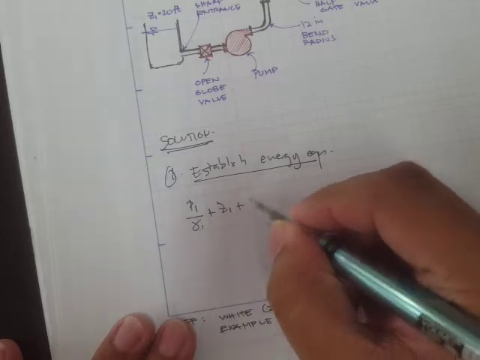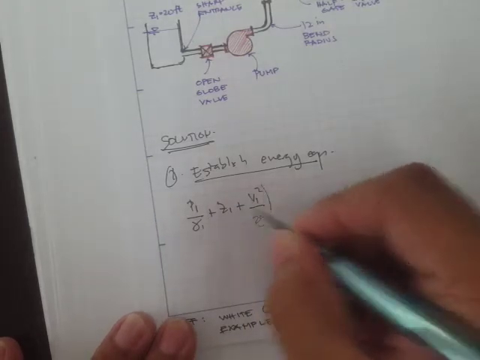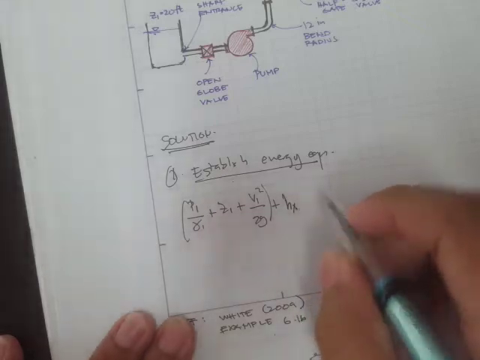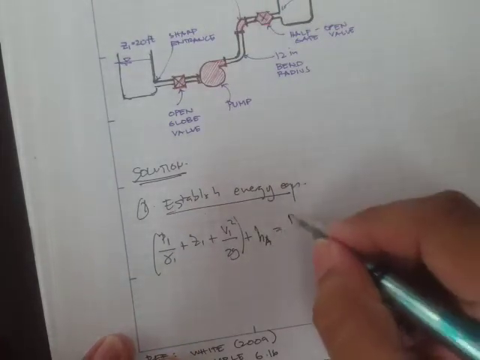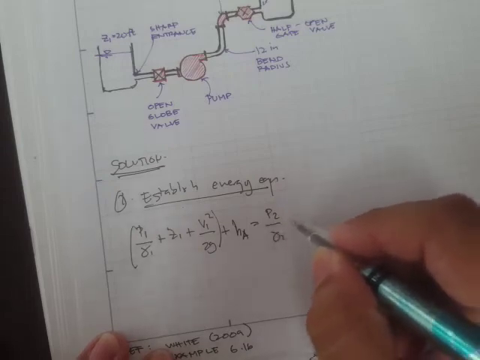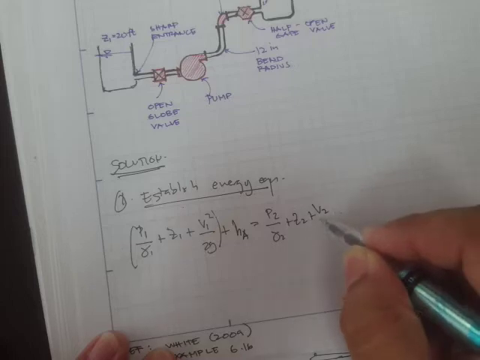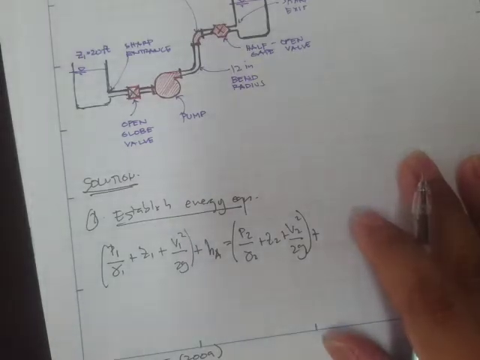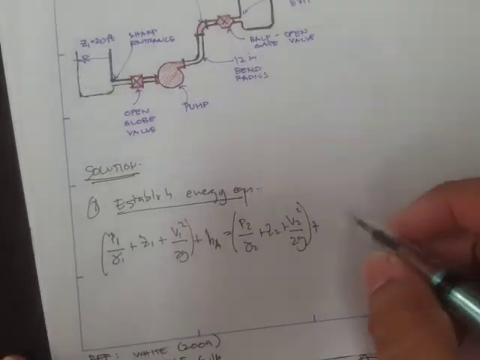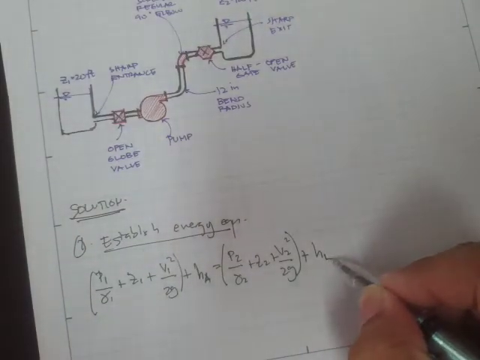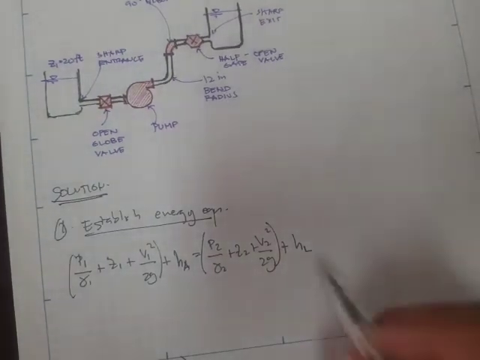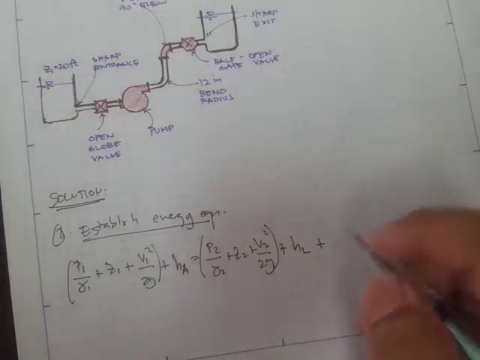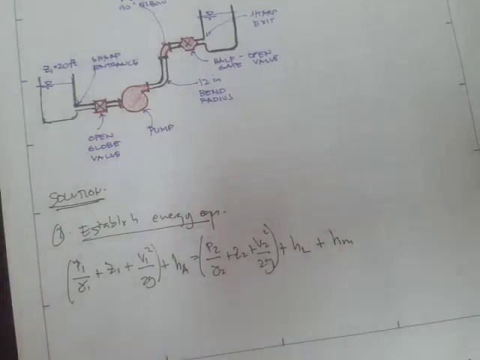Z1 plus the velocity head, V squared over 2g, plus, since energy in is equal to energy out, the energy provided by the pump, that's H sub A, is equal to the pressure head at point 2 plus elevation head plus velocity head at point 2, plus, since we don't have any fluid motor or turbines, we can just neglect that term, but we have the H sub L. And since we also have minor losses, we have to include them, so we can just write a separate term, H sub M.